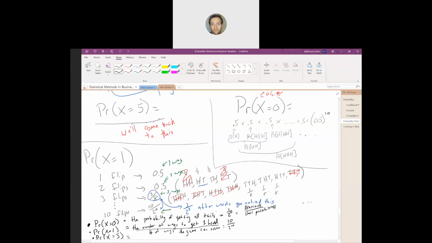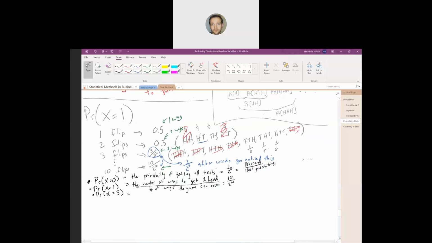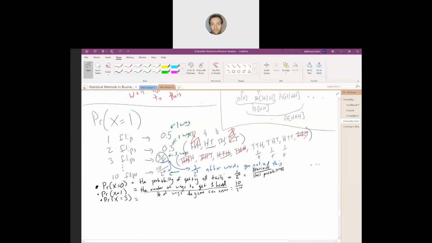And so here, the probability of x equals 5 should be the number of ways to get 5 heads divided by the number of ways the game can occur, or the number of outcomes of the game.